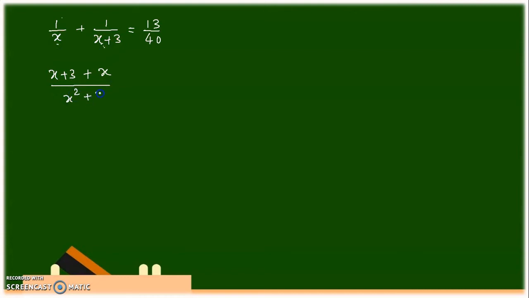So this becomes x square plus 3x is equal to 13 divided by 40. Now this 40 will multiply with this numerator here. So it will be x plus x, that is 2x plus 3, multiplied with 40. So it will be 80x plus 3 multiplied with 40, that is 120, is equal to this 13 multiplied with x square plus 3x. So it will become 13x square plus 39x.